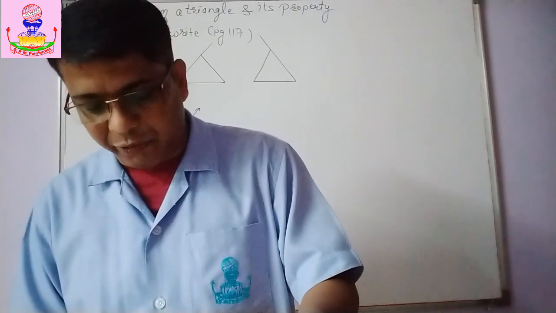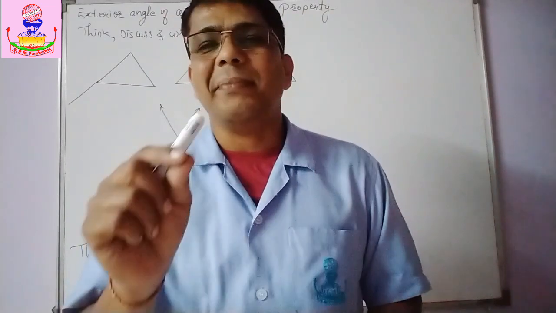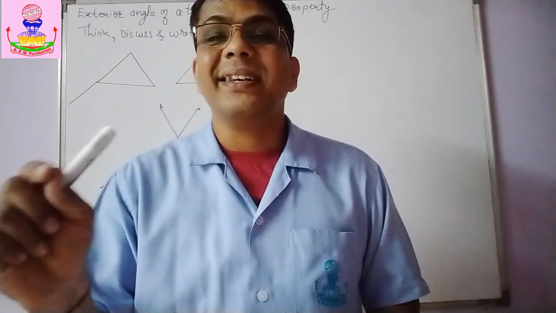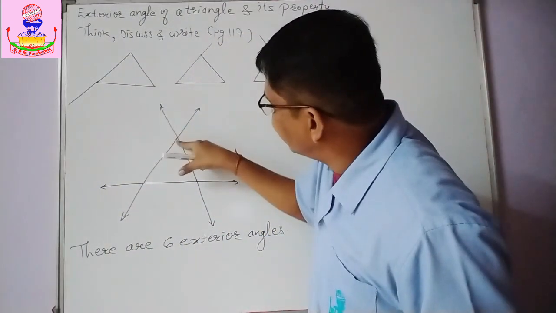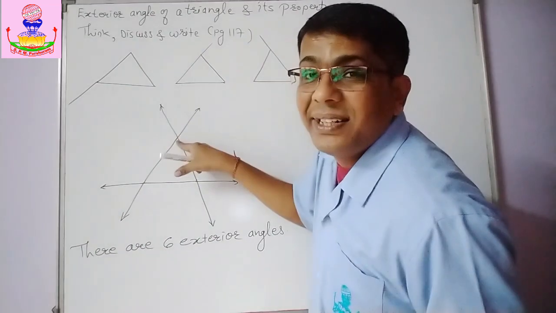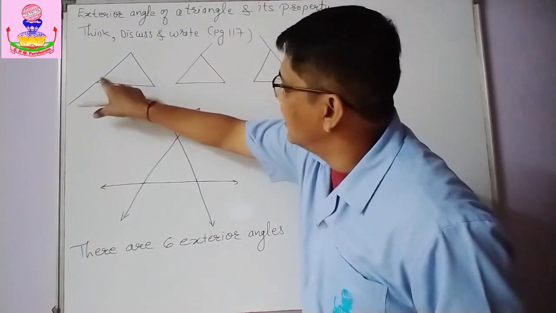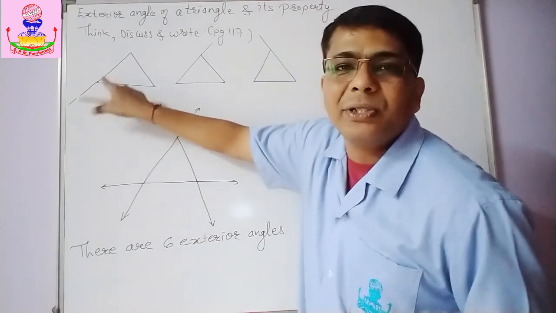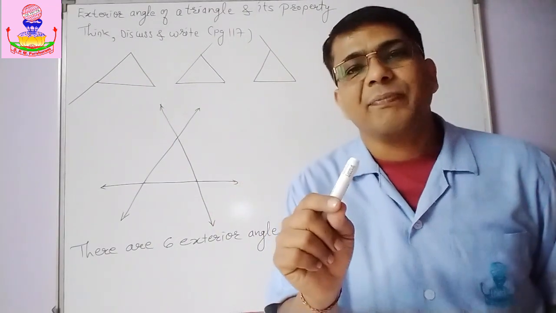Okay, then what can you say about the sum of an exterior angle of a triangle and its adjacent interior angles? The sum is always 180 degree because they are linear pair angles. That's what I said. This is exterior angle and this angle, this is the adjacent interior angle. So they form the linear pair. Or you can see here, these two. This is the interior adjacent angle and this is the exterior angle. So they form the linear pair.